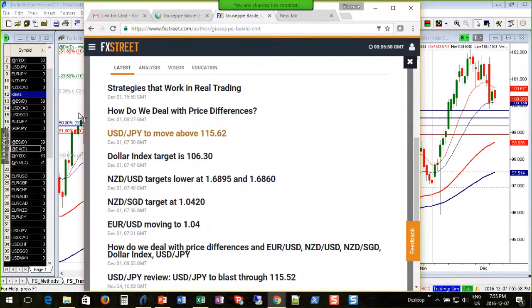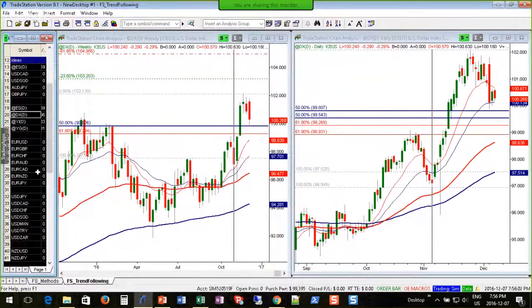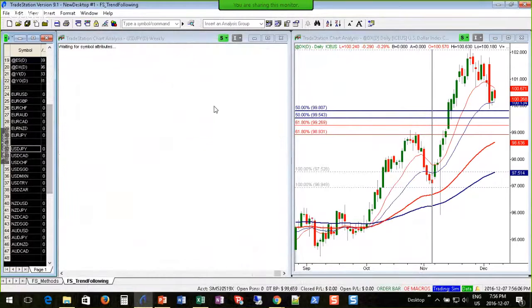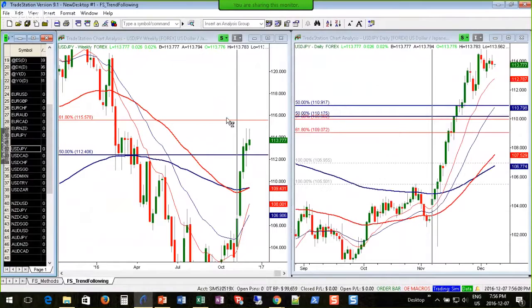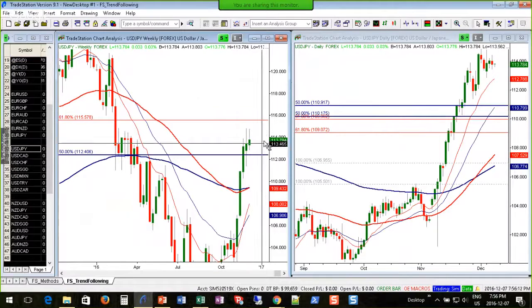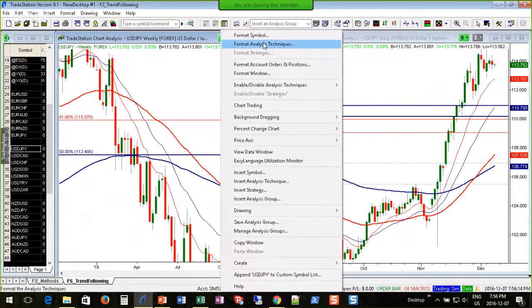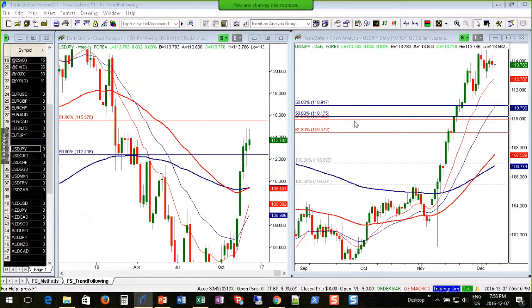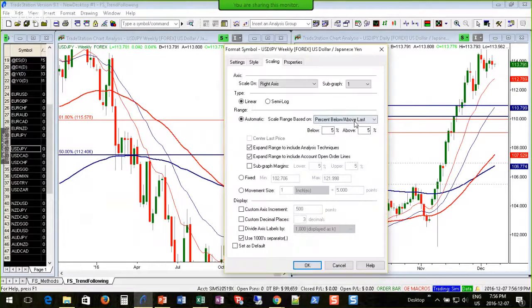And US dollar, Japanese yen, we mentioned one level, the 115.62, and this market is still in this area of potential resistance, and that move is still very possible. There are only two outcomes here.